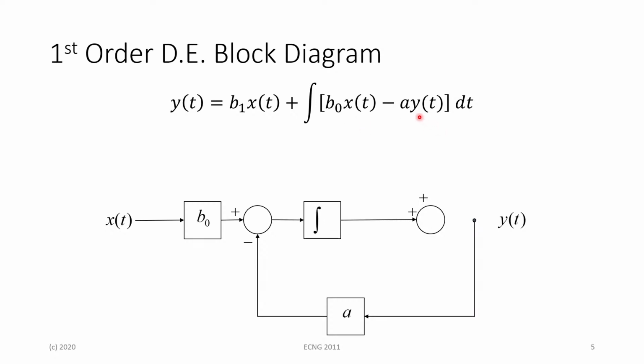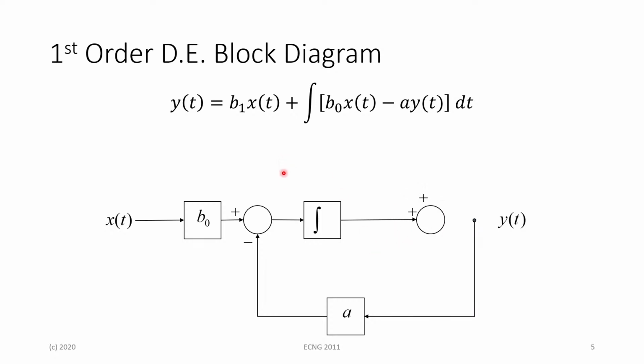Our next step will be to factor in our integral part. This will be at the output of the summation junction, which represents b0 x(t) minus a y(t). And then this undergoes our integral equation. The output of this integral will go towards the summation junction that we did at the start of mapping our block diagram.